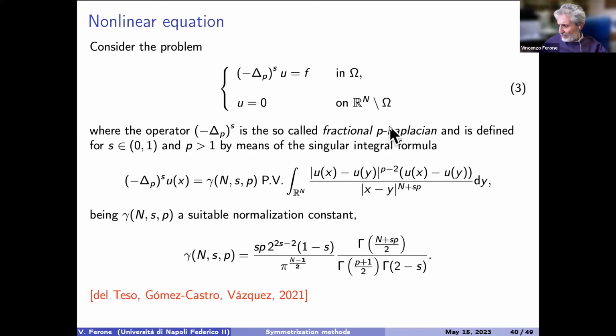Now I would like to use the last 15 minutes to say something about possible application of these methods, for example, to the SP Laplacian, so the fractional p-Laplacian, minus Delta_p^s u equal to f, which is defined according to a definition given, for example, in the case of Gomez Castro and Vazquez, as the principal value of |u(x) minus u(y)| to the power p minus 2 times (u(x) minus u(y)) divided by |x minus y| to the n plus sp.